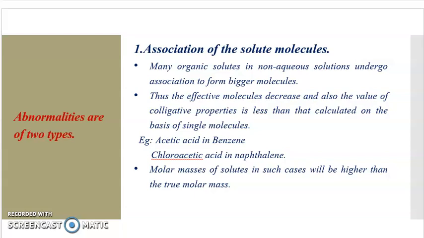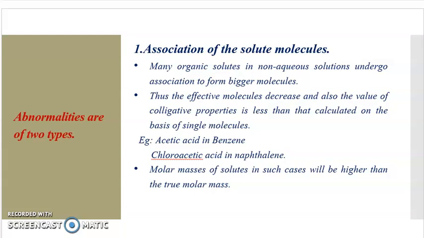When we add acetic acid as a solute to a particular volume of benzene, the acetic acid molecules will associate. If we add two molecules, these two molecules will combine to form a bigger molecule. So we have taken two, but in solution there is only one molecule. There is a decrease in the number of molecules, so the colligative property will decrease.